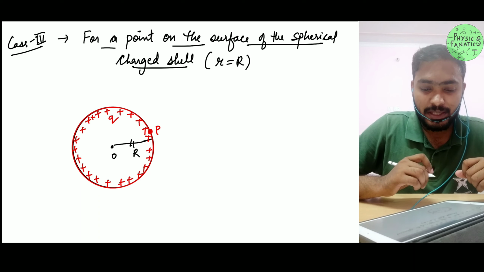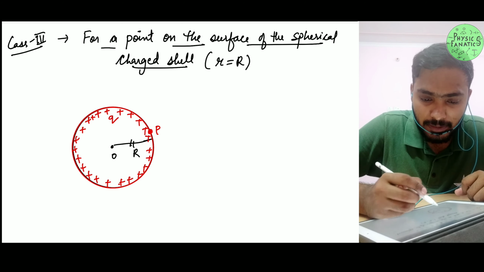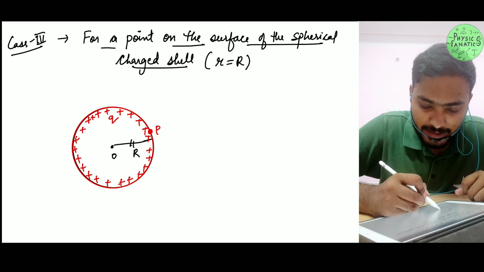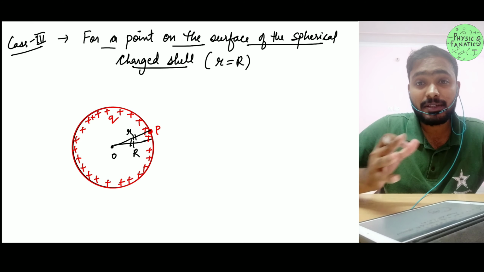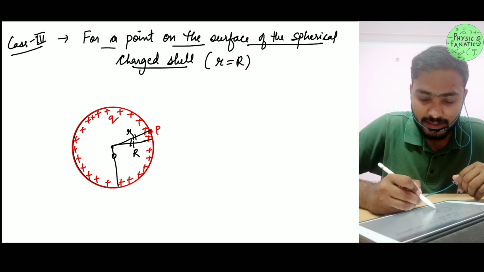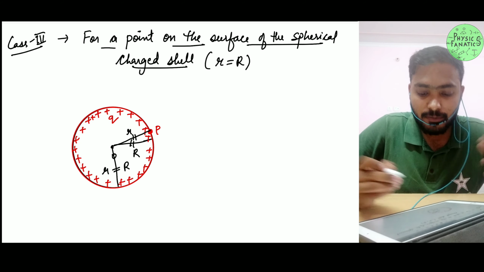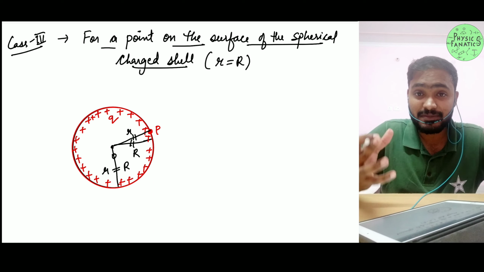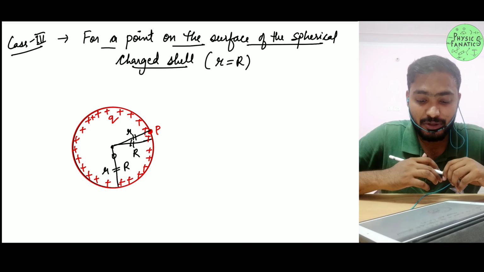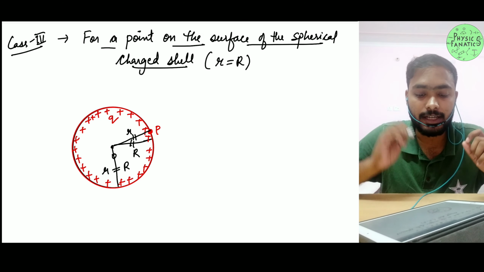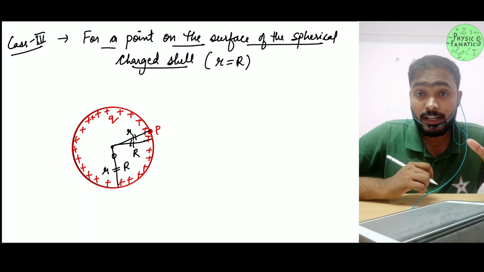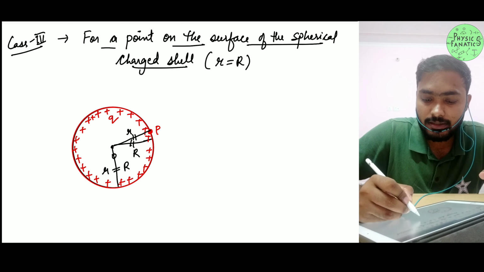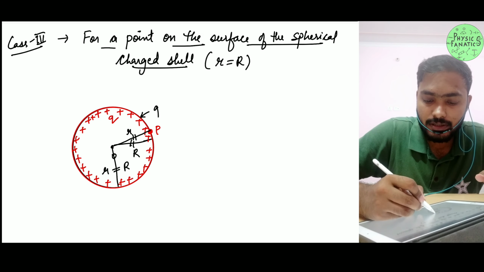Great. So if that is true, tell me, do your capital R and small r become equal? This distance is both capital R as well as small r, because obviously the sphere is the same. Great. Now how will I find out? You can just write it down. So this is my Gaussian surface.